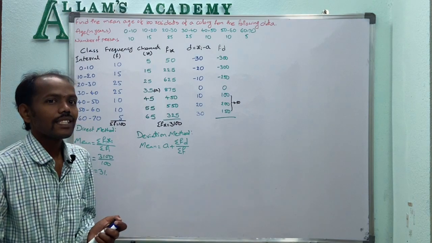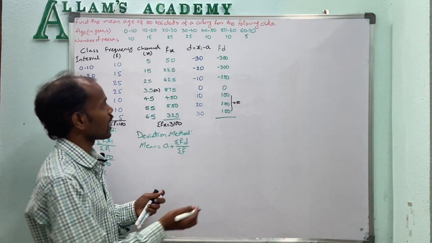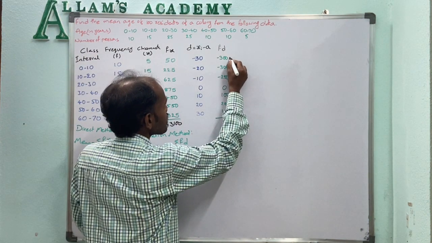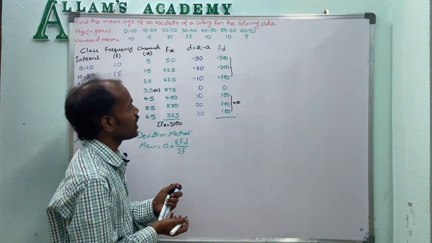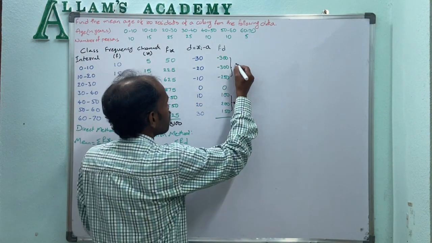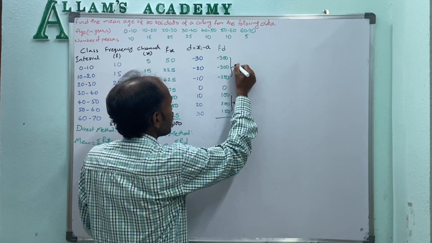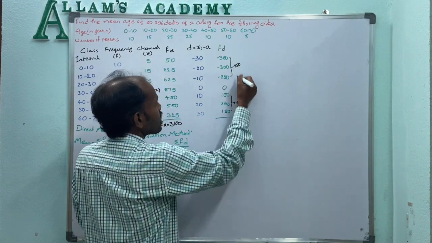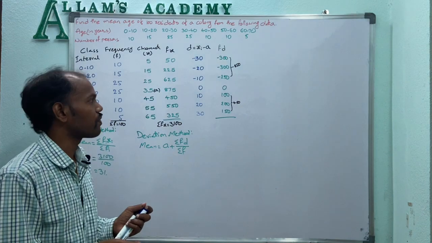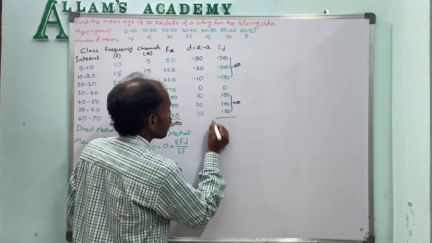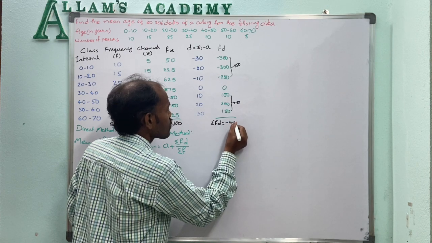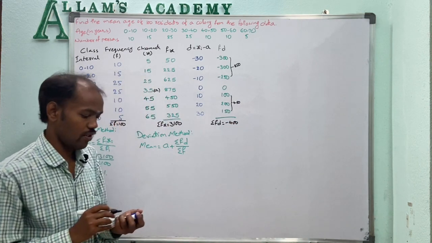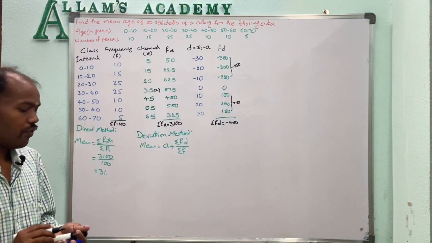Now the addition of the negative terms, minus 300, minus 300, minus 250, is minus 850. Now minus 850 plus 450 equals minus 400. So the summation FD value is minus 400.